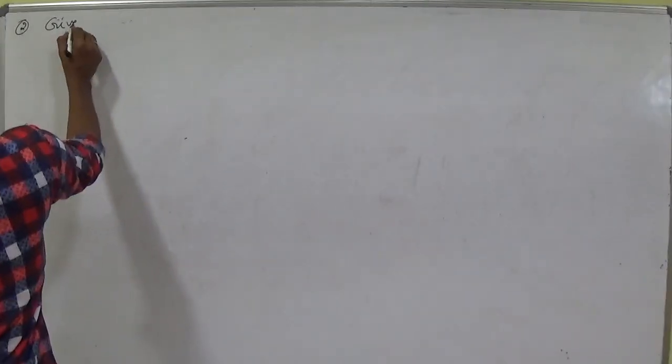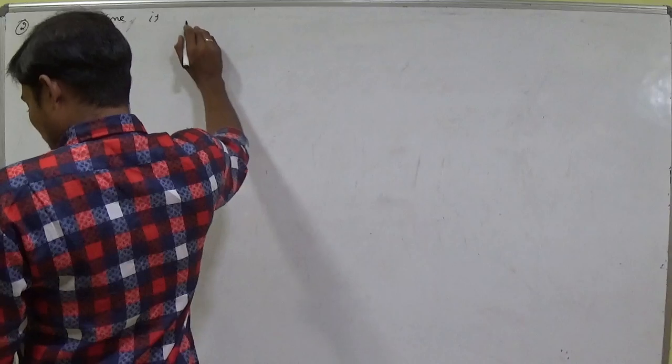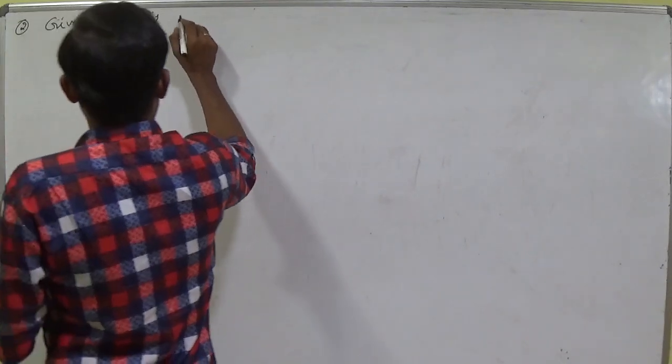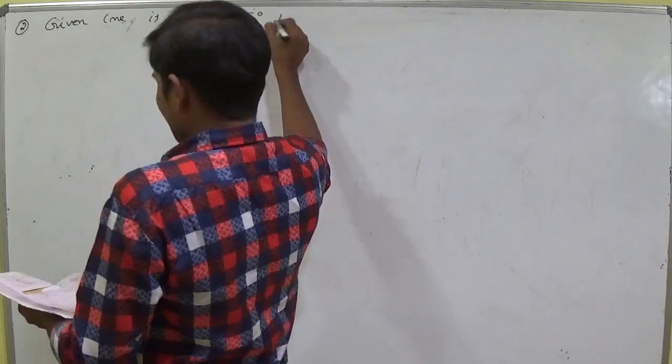Now, the given line, what is the given line here? 3x minus y minus 1 equal to 0.